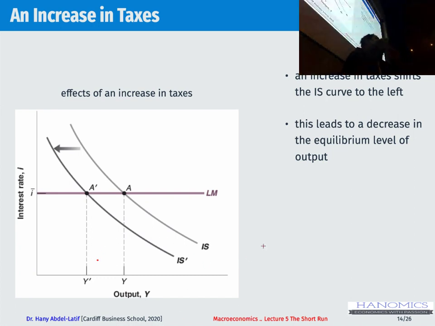So if there was an increase in government spending, how is this going to affect the equilibrium? Can anyone tell me? First you need to ask yourself where this effect should go.